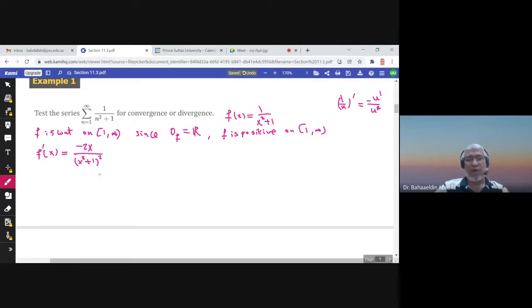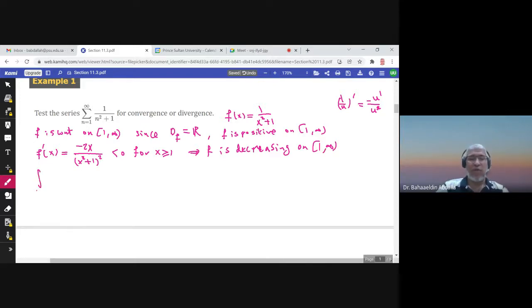So that's f prime. It's clear that the denominator is positive, the numerator is negative, so it's less than 0 for x greater than or equal to 1. From 1 to infinity, the f prime is negative. So f is decreasing on 1 to infinity. So the three conditions are satisfied.